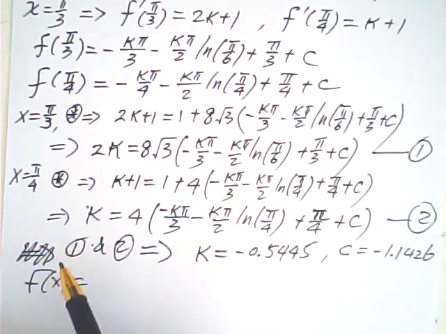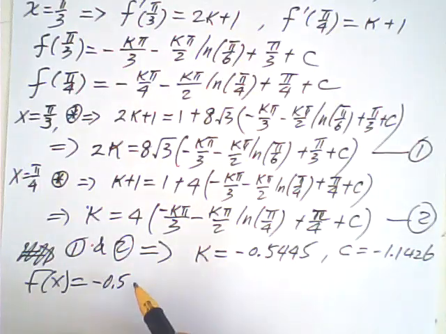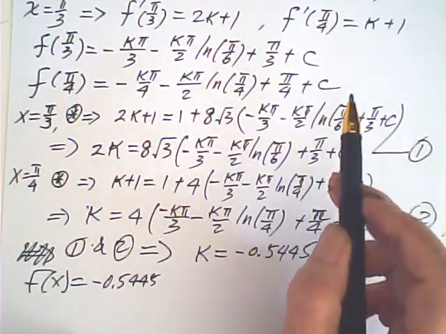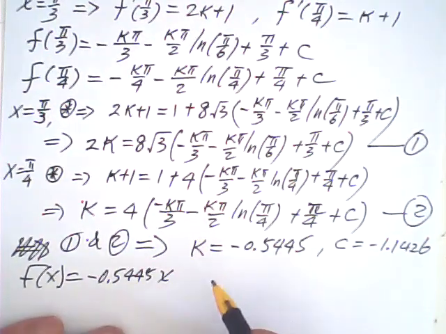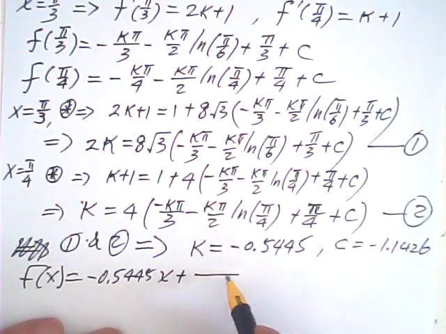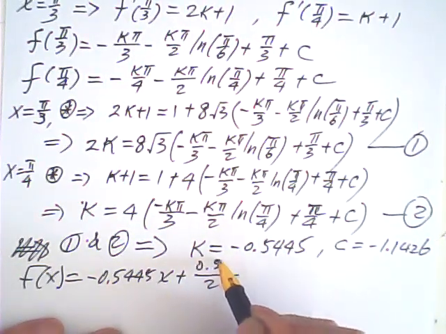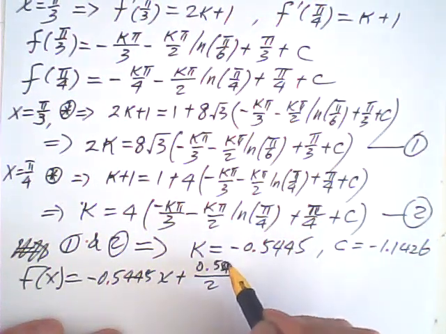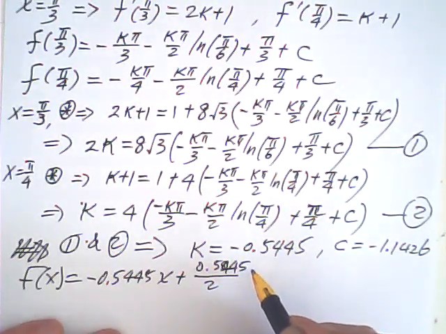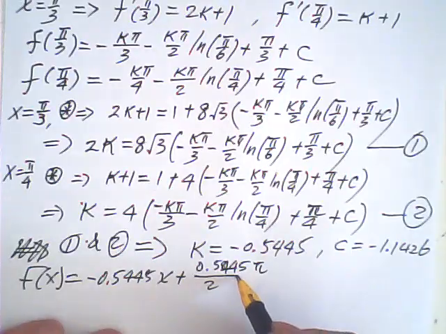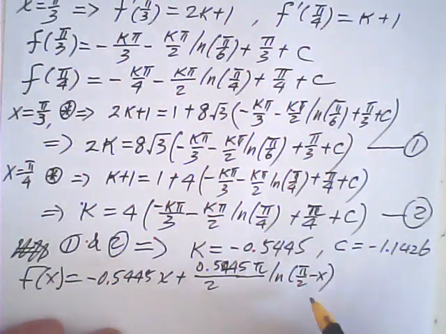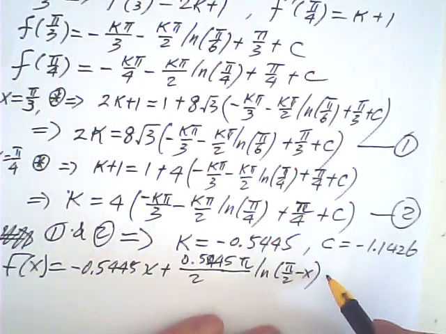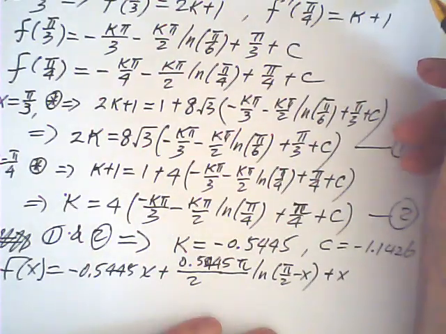Well, my f of x is equal to negative 0.5445 x, and minus, it becomes plus 0.5445 pi times the log of half pi minus x, and plus x, and plus c.